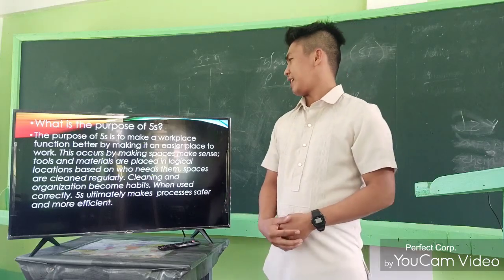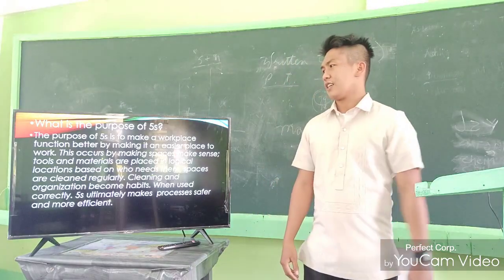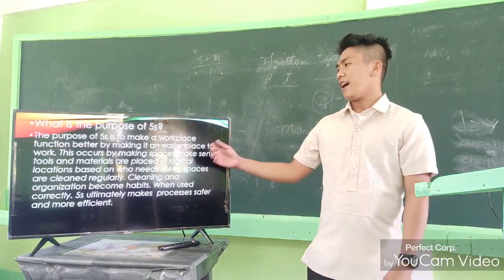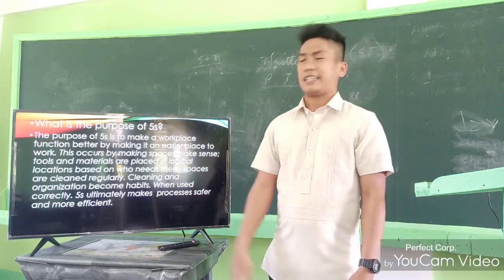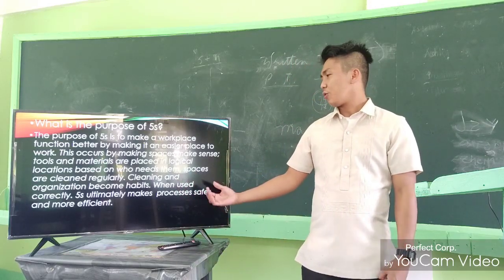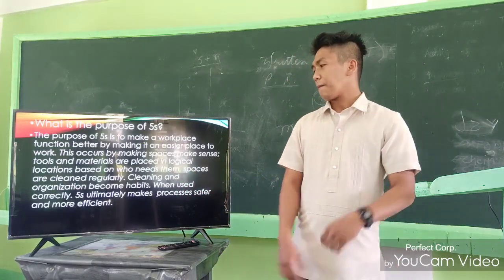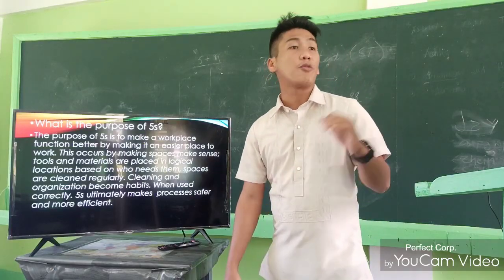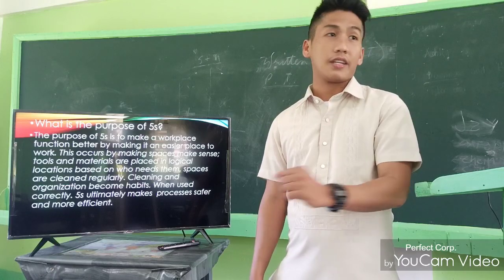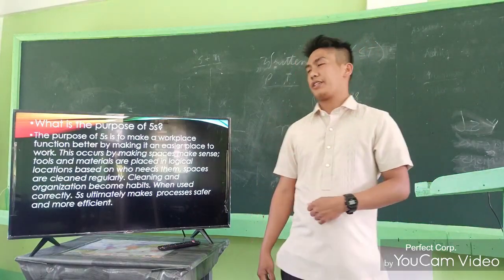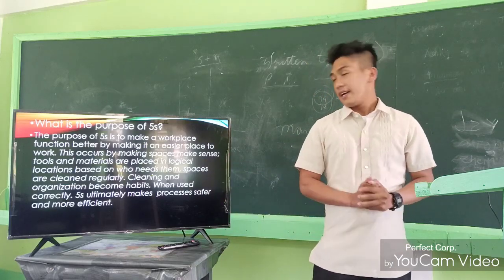Tools and materials are placed in logical locations and cleaned regularly. Cleaning and organization become habits. When used correctly, 5S ultimately makes processes safer and more efficient. Is it understandable? Yes, very good.